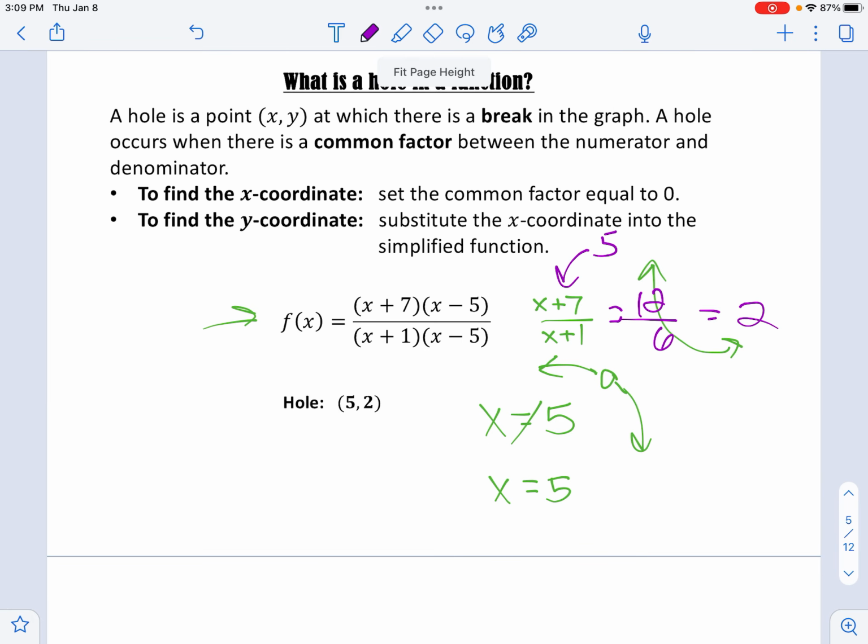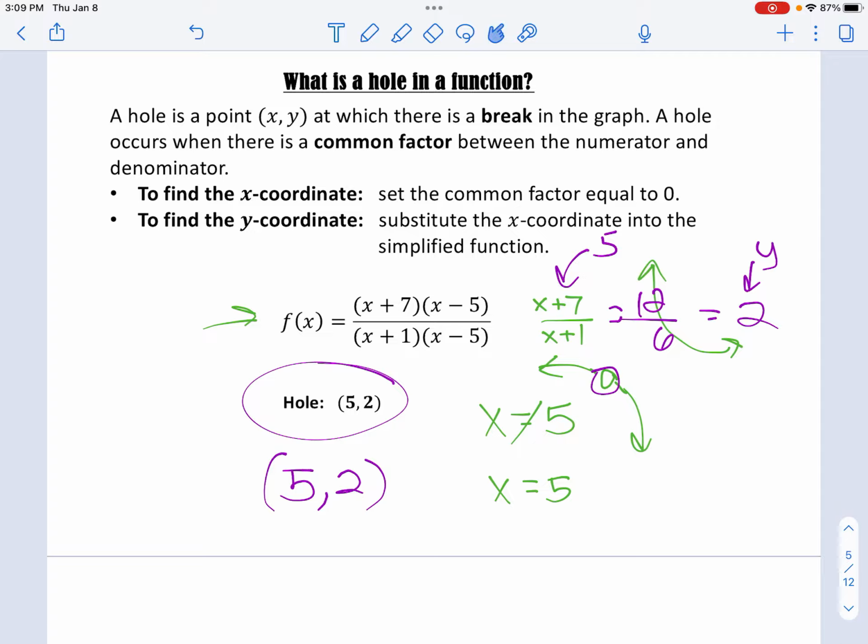So in other words, this is your y. So where do I have a hole? I have a hole at 5, 2 in this function. So I would graph this, and then at the point 5, 2, I would put an open circle. Okay? Kind of weird, I know.